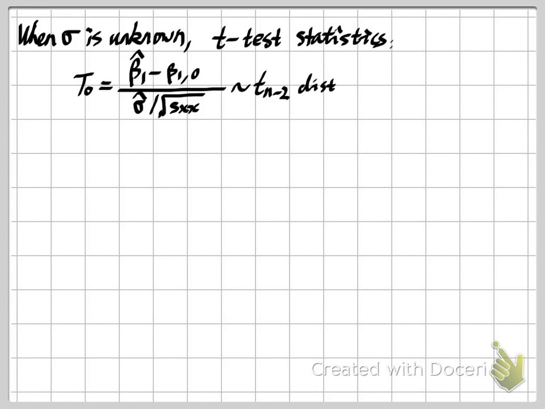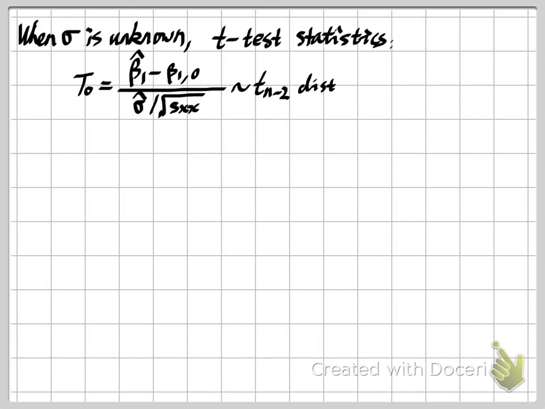Everything else is exactly the same as our previous t-test. Because this follows a t distribution with n-2 degrees of freedom, we can find the critical value. Because our alternative hypothesis H1 is an inequality, we do a two-sided test.